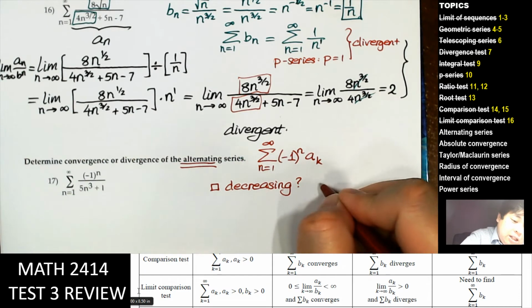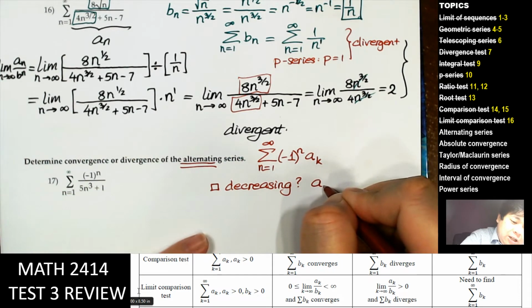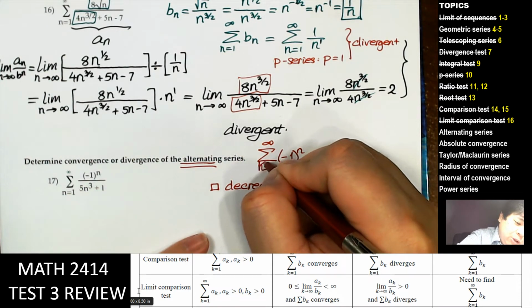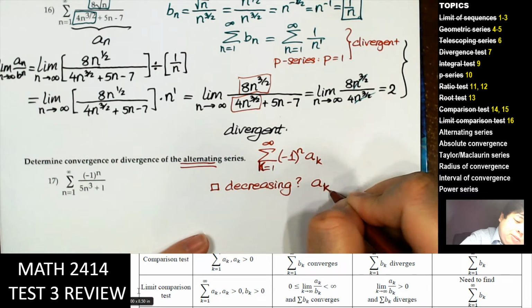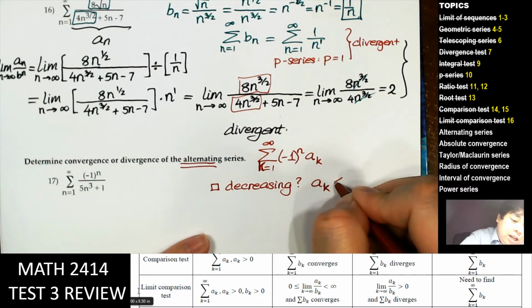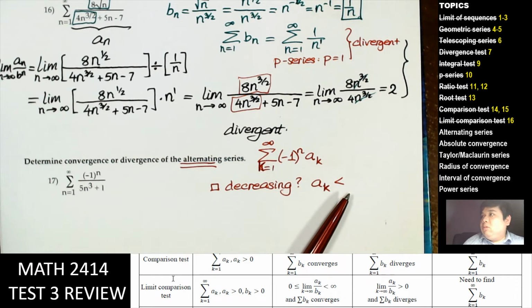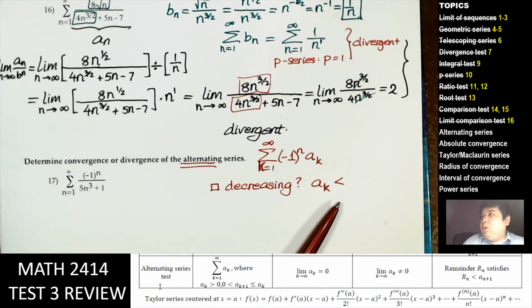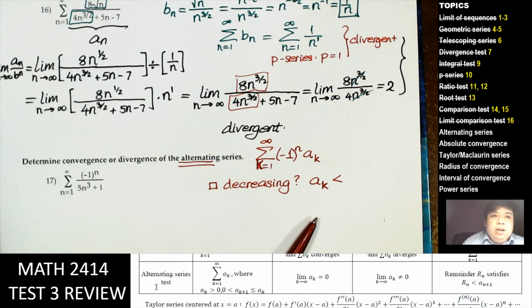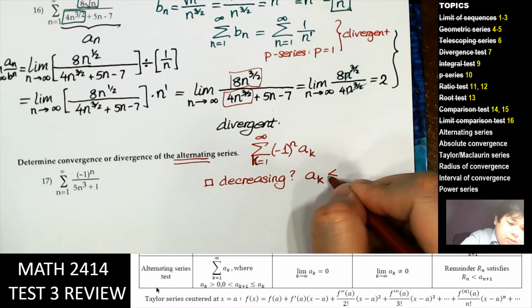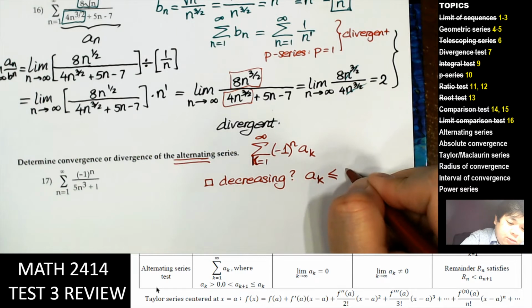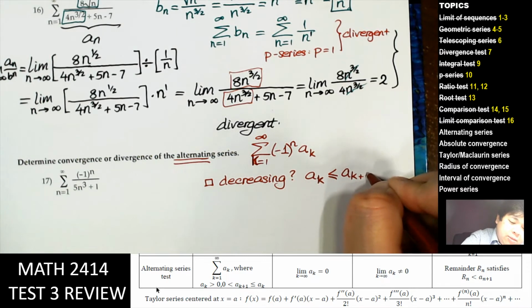Decreasing meaning that we have to use either k or n. Let's use k. Meaning that this term is less than or equal to the next term.